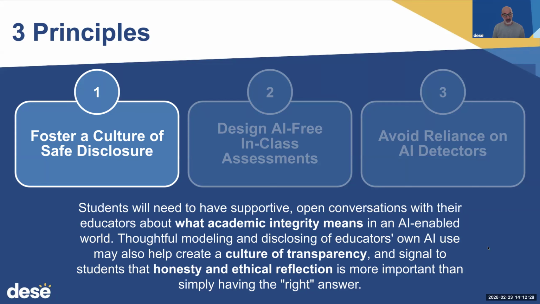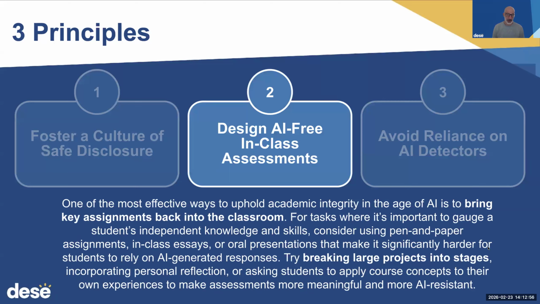Thoughtful modeling and disclosing of educators' own use may also help create a culture of transparency and signal to students that honesty and ethical reflection is more important than simply having the right answer. We're really early in the arrival and use of this technology, so we are taking this approach at the Department of Transparency. It's a critical avenue to begin to engage with academic integrity.